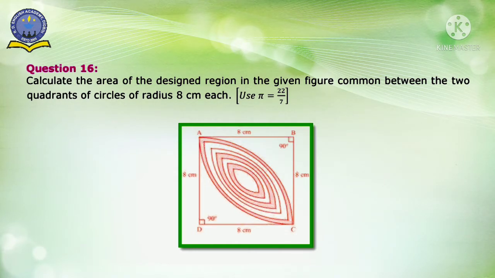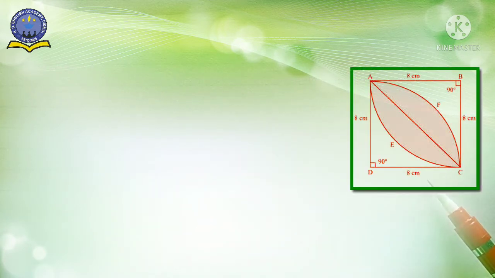So now let's see how we can start this one. As you see, the diagram is this one, and in this diagram we have A, B, C, D. The length of AB is 8 centimeter, as well as BC is also 8 centimeter.